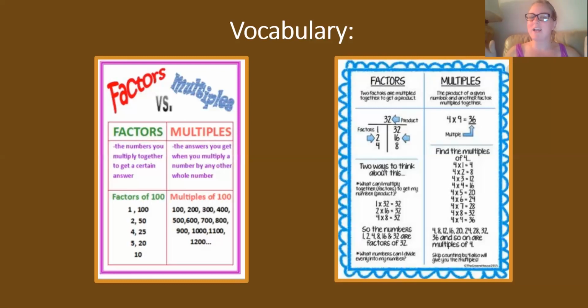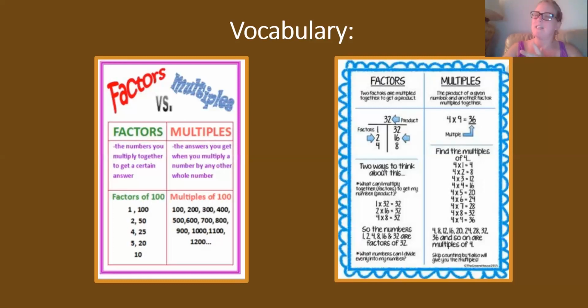We are multiplying. Multiples are the answers to multiplication, that you are getting a certain number. So for example, if I'm finding the multiples of 5, it would be counting by 5s. So 5, 10, 15, 20, 25, 30, and so on. This kind of shows you that in the chart. Here are the multiples of 4. So I kind of said that wrong a second ago.